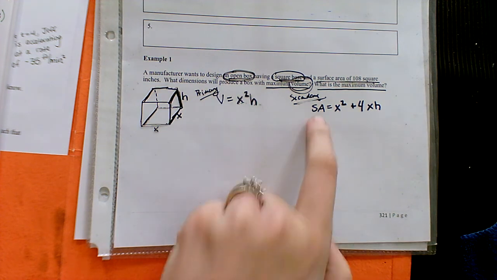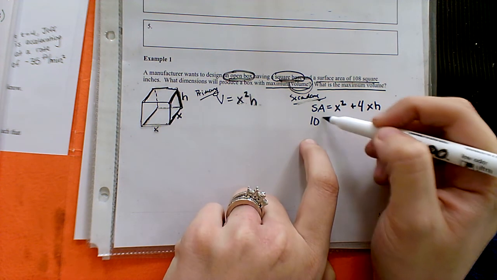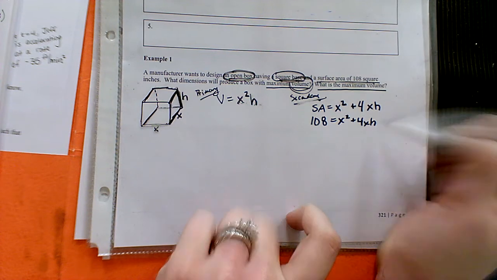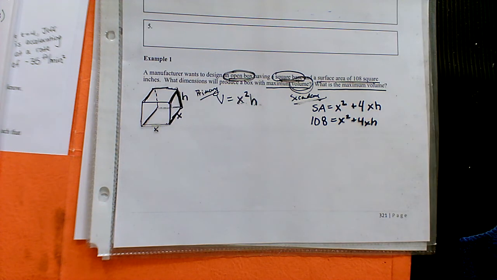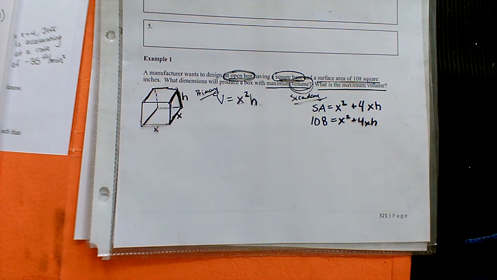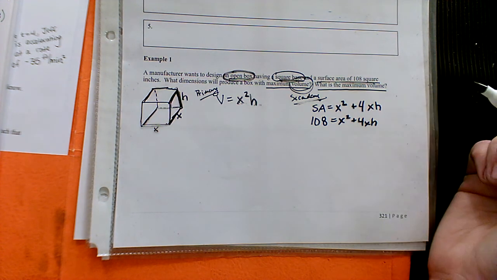All right. Now they told us the surface area had to be 108, so we can go ahead and fill that in. Looking at our surface area equation, which variable would be easy to solve for, to get all by itself? That way we can do some substitution into our volume equation. Probably h, right? Because there's only one of them there.